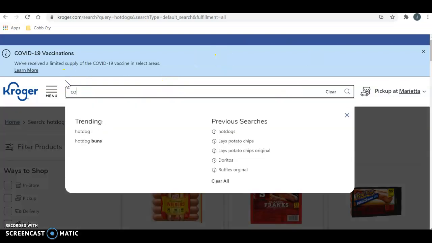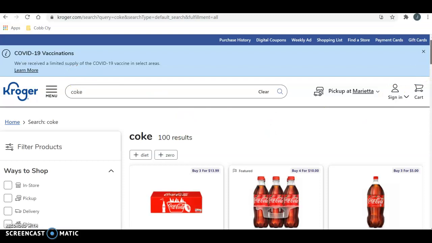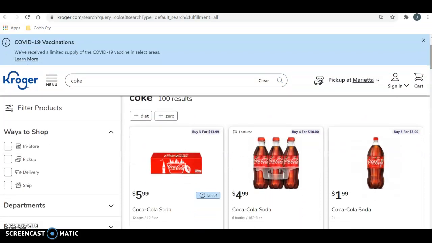Something I would not do. I would not do any type of products for drinking, all right, like Coke or Pepsi. The reason being is because you're going to have to do some extra work. If I have 12 cans, 12 fluid ounces, 12 fluid ounces is not the entire thing. 12 fluid ounces is per can.